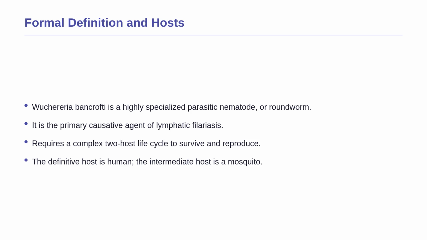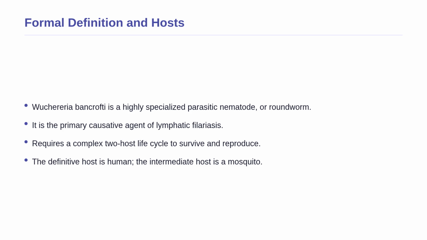Moving from the symptoms to the biology, let us formally define this organism. Wuchereria bancrofti is a parasitic nematode, which means it is a highly specialized type of roundworm. It is the primary causative agent of lymphatic filariasis.